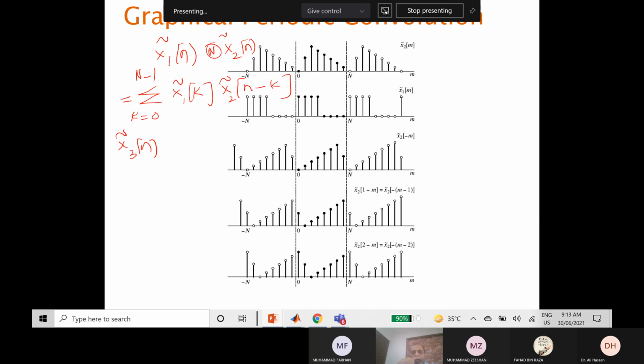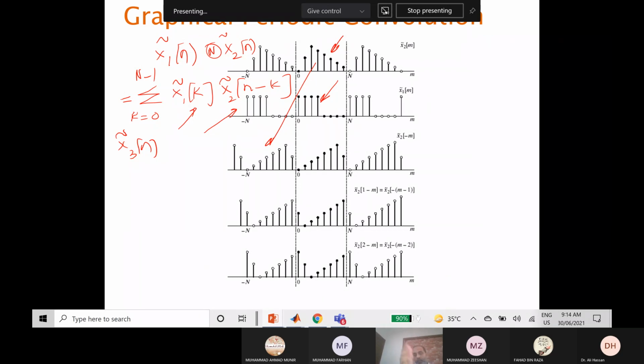So periodic convolution requires you to keep one signal as is. Let's say you decided to keep this signal as is, and flip the other signal, but it's a circular flip. So this is the difference. If it were a simple flip, you would just move it to the other side, the whole signal goes on the other side.